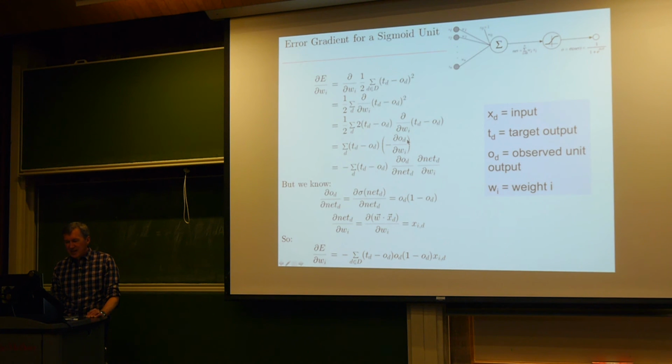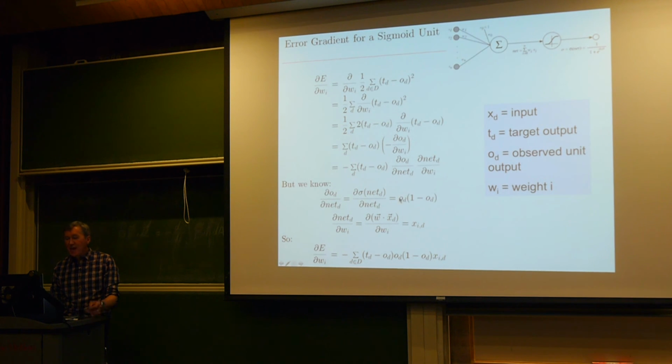the derivative of this is just this. And then if I define net to be the weighted linear sum of the inputs, multiplying each of those by its individual weight, and then the output is the sigmoid function of that, then the chain rule lets me decompose this into those 2 steps.